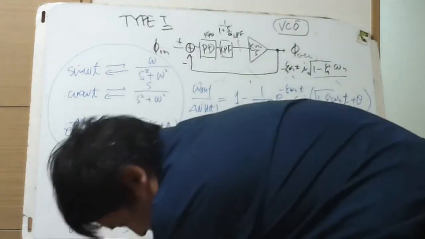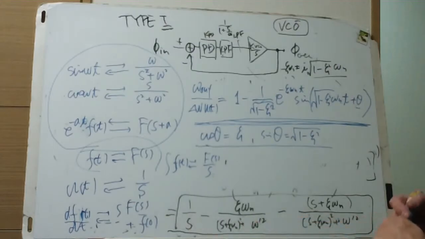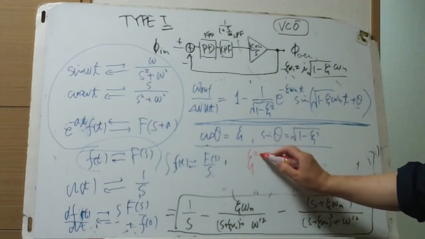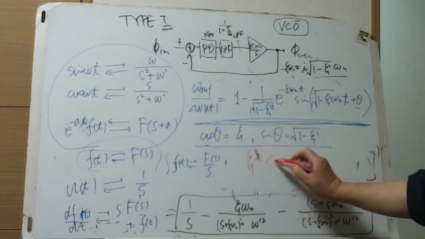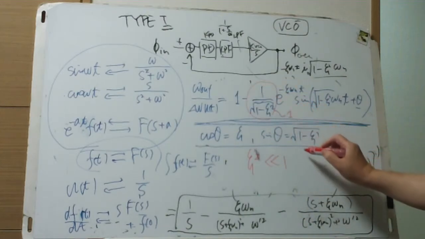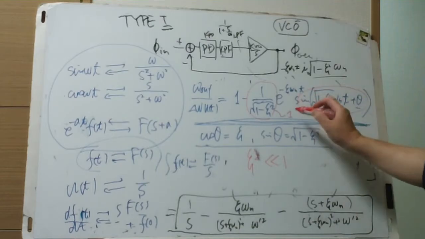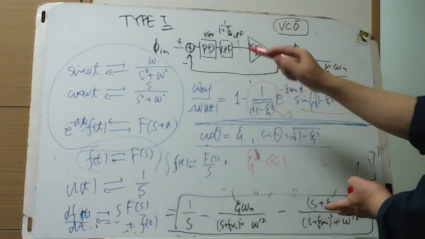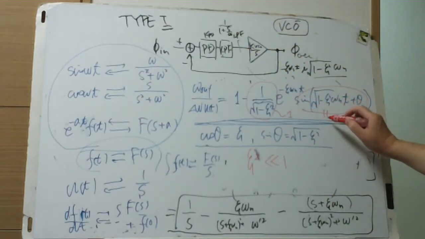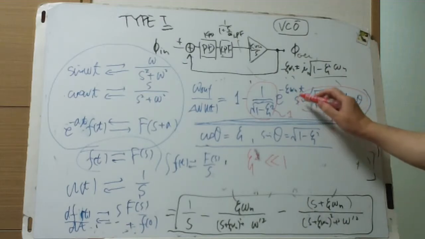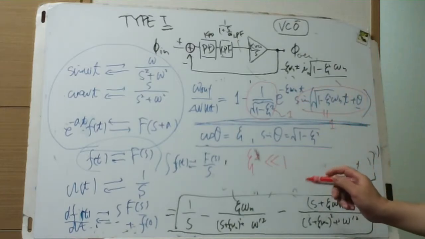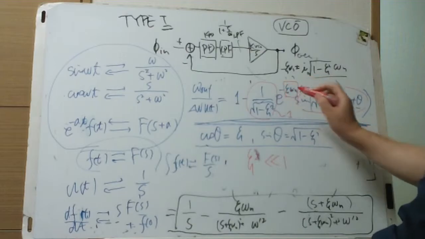In the example, they say if this is much less than 1, and this is nearly 1, the asymptote of the peak value nearly equals 1, which is the maximum of the sine function. And approximately, which time constant?